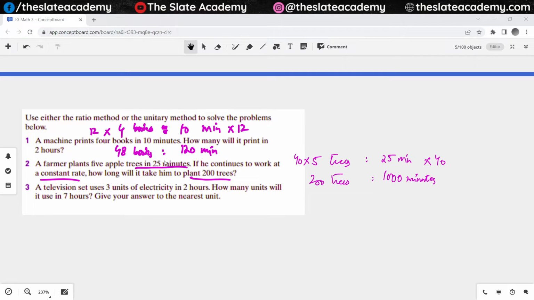How many hours and how many minutes? Give me this in hours and minutes. Excellent. So 16 hours and 40 minutes. 16 times 60 is 960. The remaining 40 would be 40 minutes. Miss Aisha, do you get it? The conversion from minutes to hours and minutes.